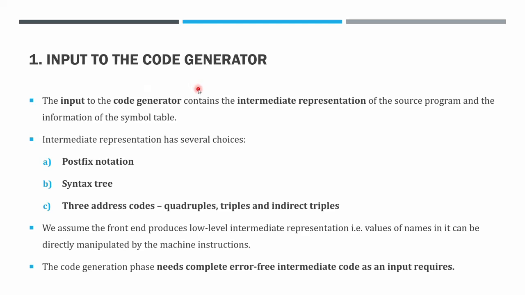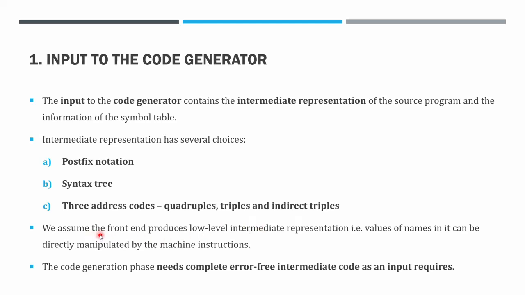As we know, the input to the code generator contains an intermediate representation of the source program, and we will also add the information from the symbol table. The intermediate representation may have several choices like postfix notation, syntax tree and three address code. We are well known about the syntax tree and three address code, and in three address code we have different representations or notations, which we call quadruples, triples and indirect triples.